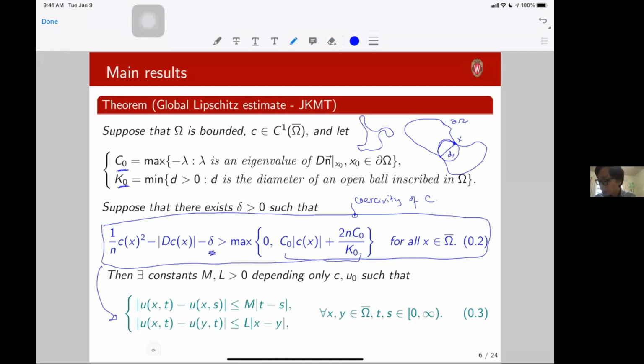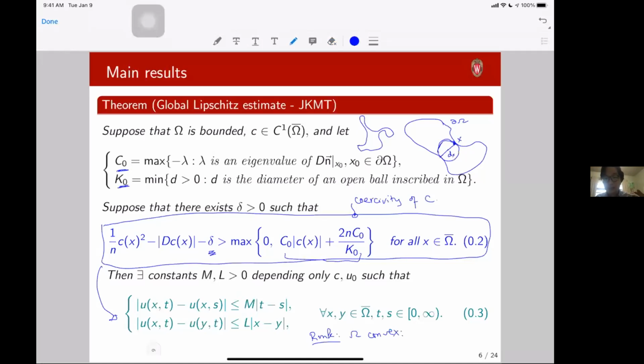Okay, so there's one remark I want to make. Sorry, my space for writing here is a bit tight, but one remark is that in case we consider omega to be convex, then clearly C naught is non-positive, right? Because we take max of minus lambda.